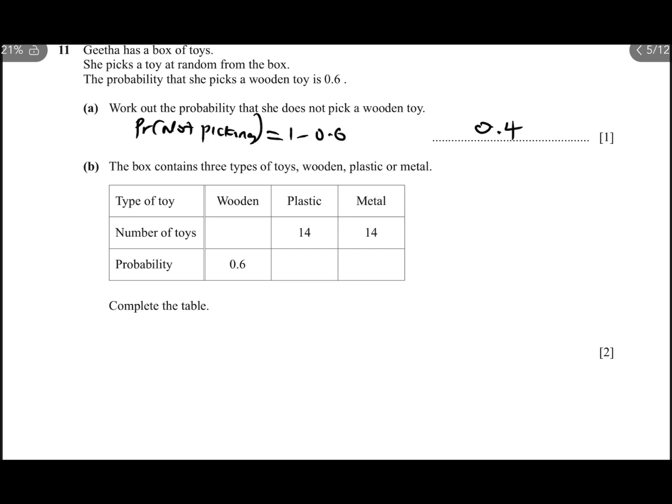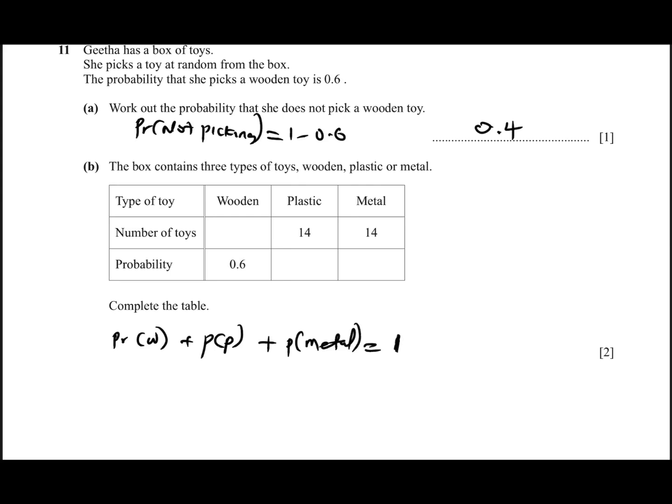So the probability of picking the wooden plus plastic plus metal, when you add them together, is going to be 1.